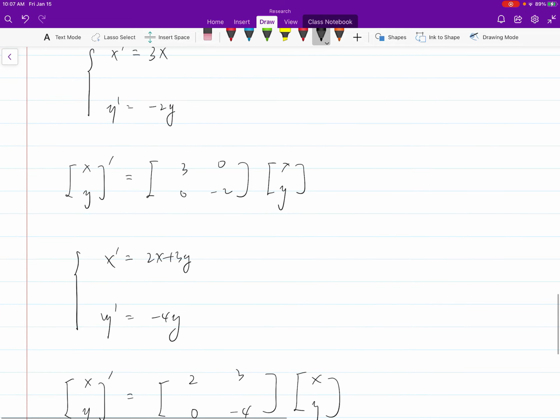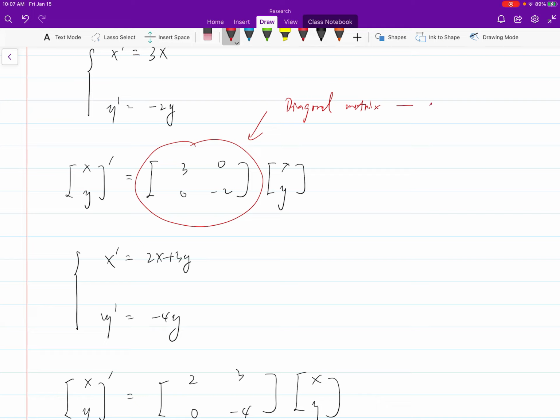From here you can see a completely decoupled system basically corresponds to a diagonal matrix. Of course, I'm only talking about linear systems. For other systems, there's no way you can write them in a nice matrix format.